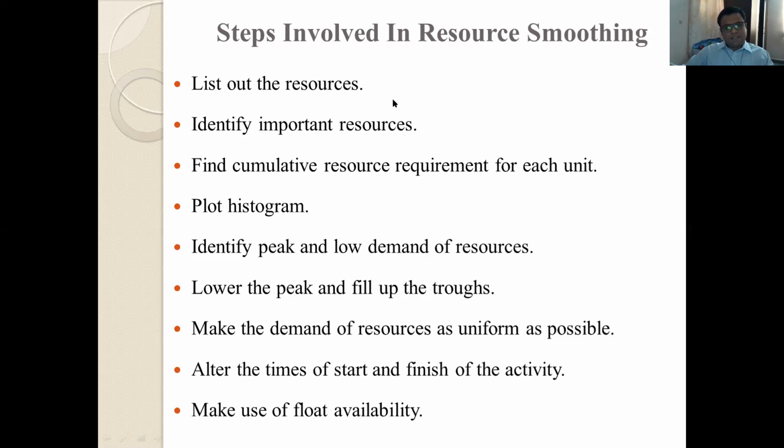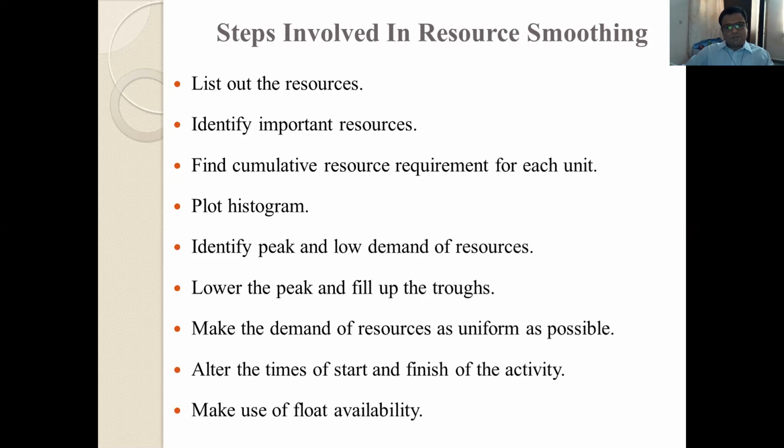Then, various steps involved in resource smoothing. First, list out the resources. Then identify important resources, find cumulative resource requirement, then plot the histogram, identify peak and low demand of resources, lower the peak and fill up the troughs, that is the low demands.